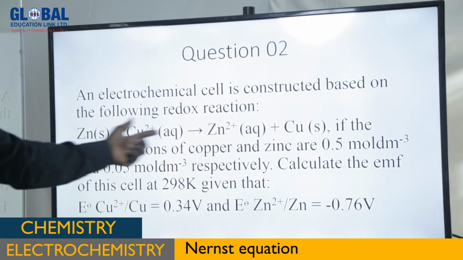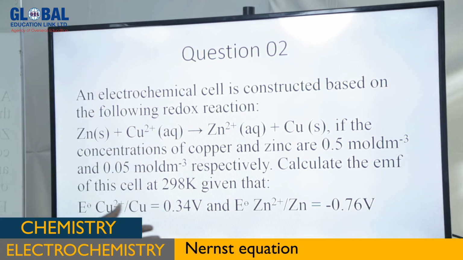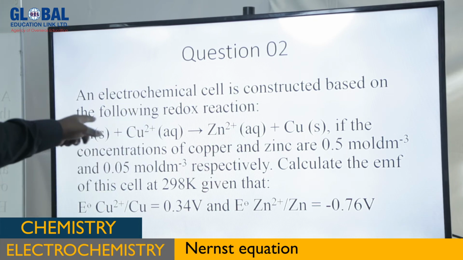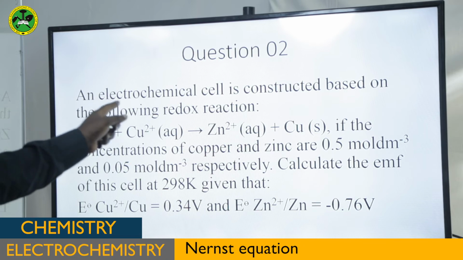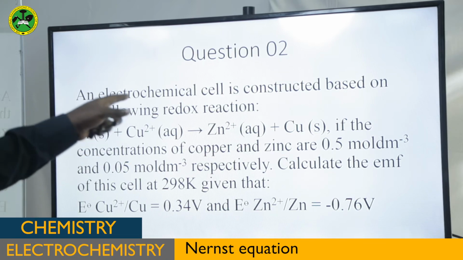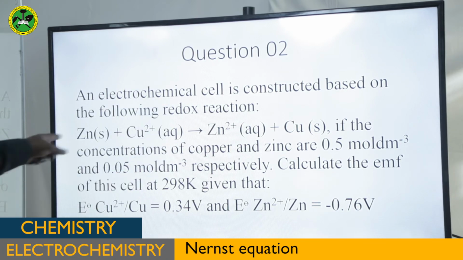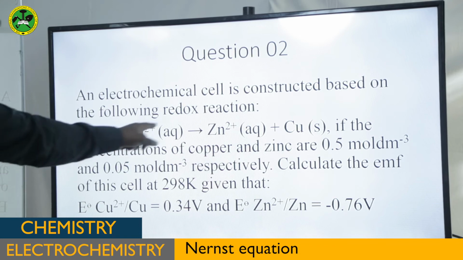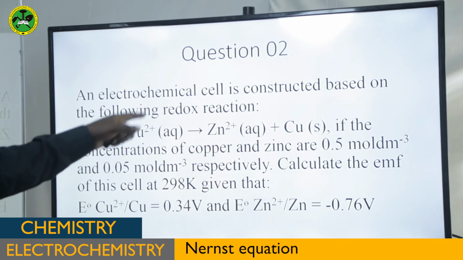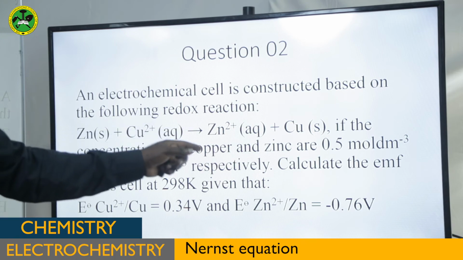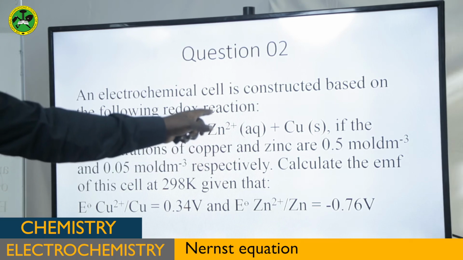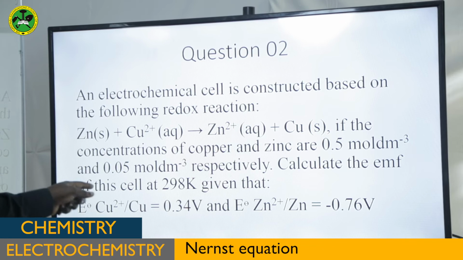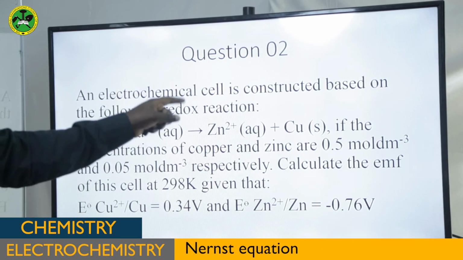Which means that from that equation, zinc has been oxidized and copper has been reduced. The question continues to say that if the concentrations of copper and zinc are 0.5 moles per decimeter cubed and 0.05 moles per decimeter cubed respectively, calculate the EMF of the cell at that temperature, given their standard electrode potentials as written there.